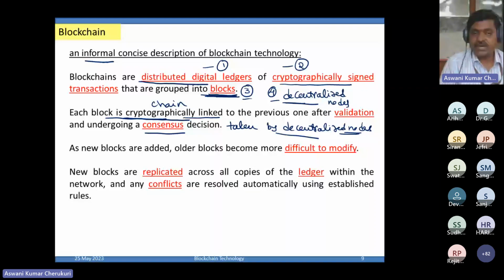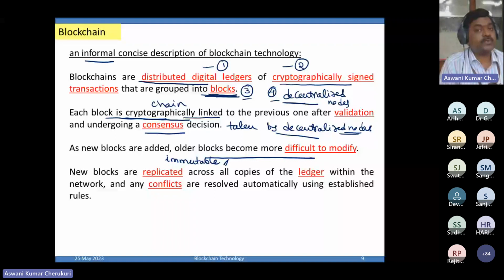Remember, once you create a block by grouping a set of transactions, it is not possible to modify the block. That is why you call blockchain immutable. You can't tamper with it. That's where your trust comes from. Since you are not able to modify the transaction, you can always trust it.